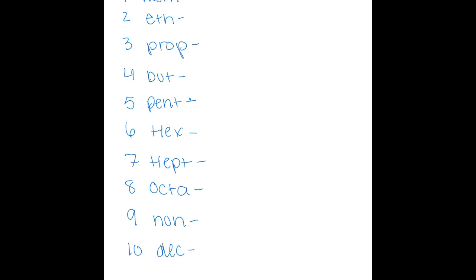So when we add these to each of our hydrocarbons, that shows us how many carbons we have. So let's say we have C4. It doesn't matter about the hydrogens right now and how many there are. But because we have 4, and let's say we have all single bonds, this would become butane. And this ane comes from the bonds that are in it. So it's ane for only single bonds. Ene is for a double bond.